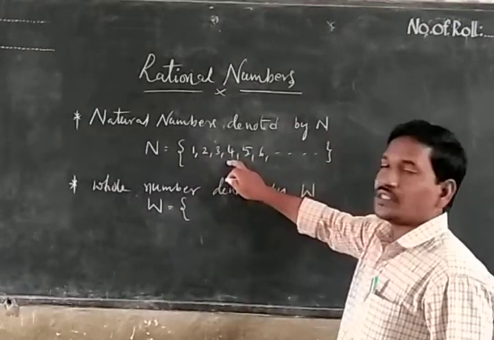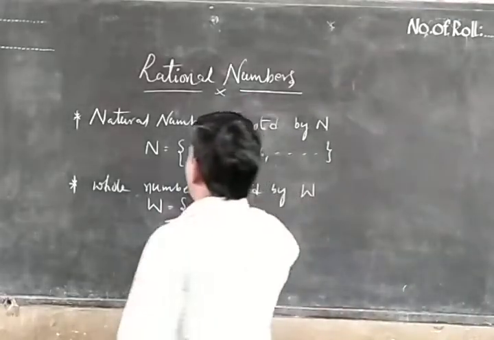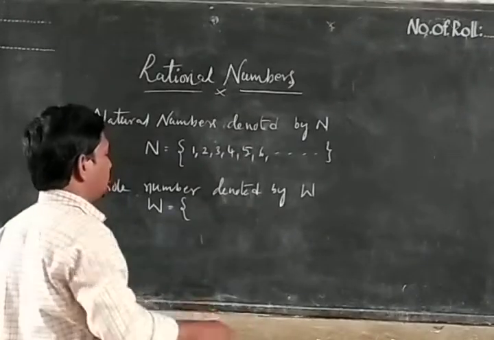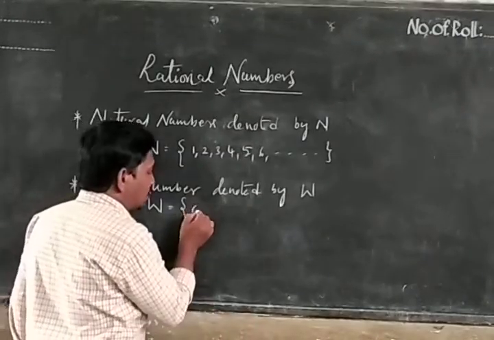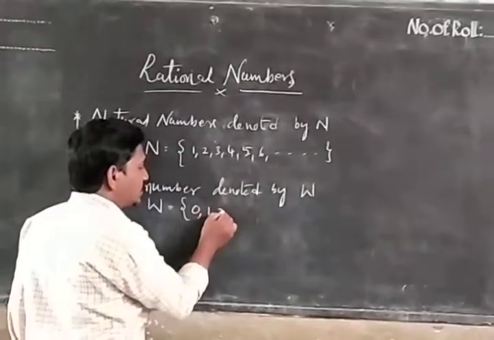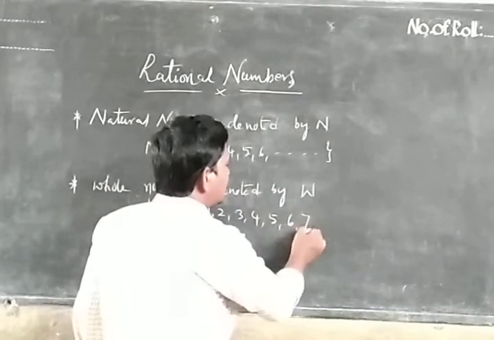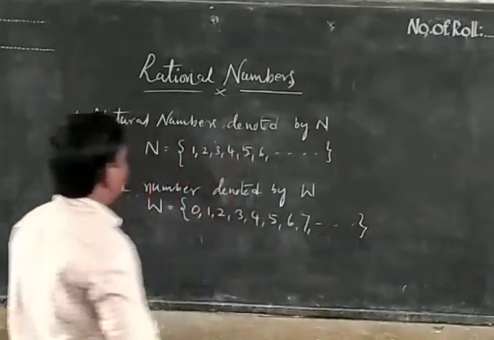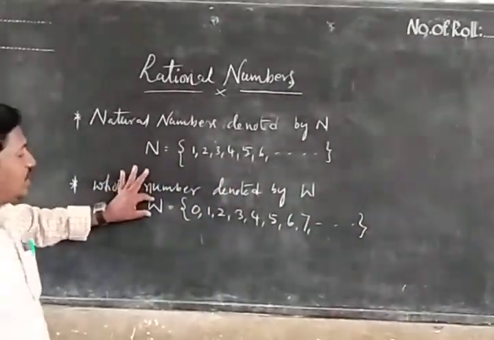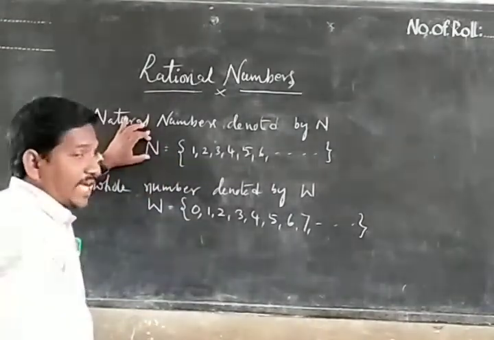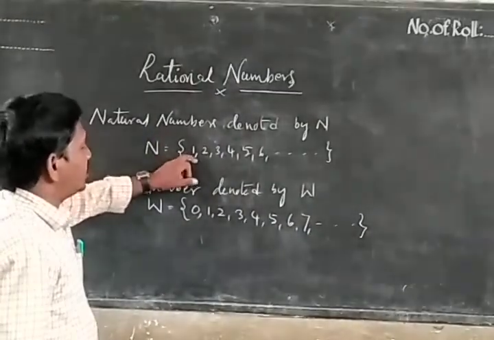So here 0 is not there. So the natural numbers including 0: 0, comma, 1, 2, 3, 4, 5, 6, 7, and so on. You can observe in whole numbers 0 is there, but in natural numbers 0 is not there.